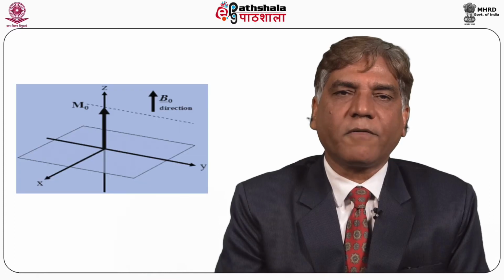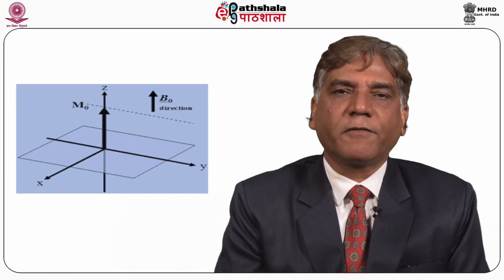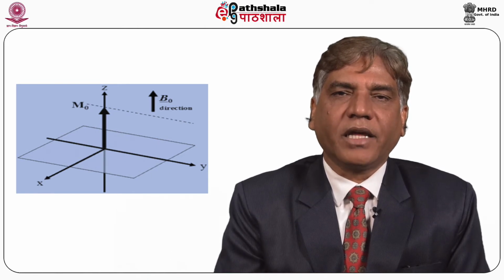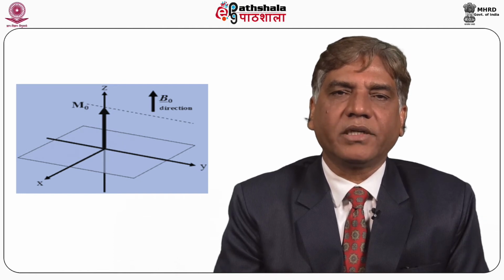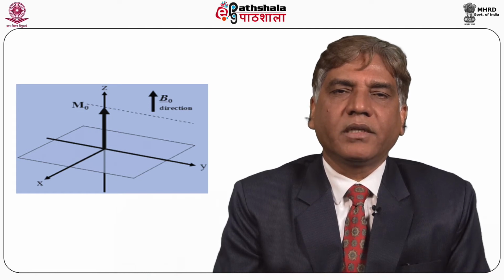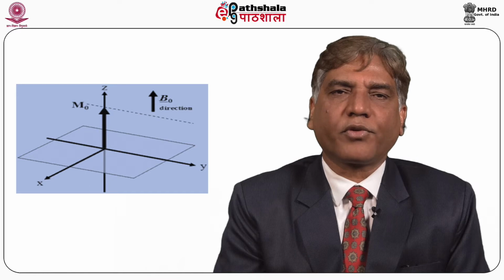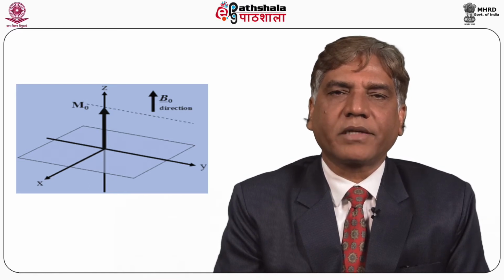The alignment of magnetic moments is measured as the total of the magnetic moments and is expressed as a vector sum. This very small population difference gives rise to net magnetization in the direction of the main magnetic field. Therefore the transverse components of all the protons cancel out and the longitudinal magnetization vectors add up.